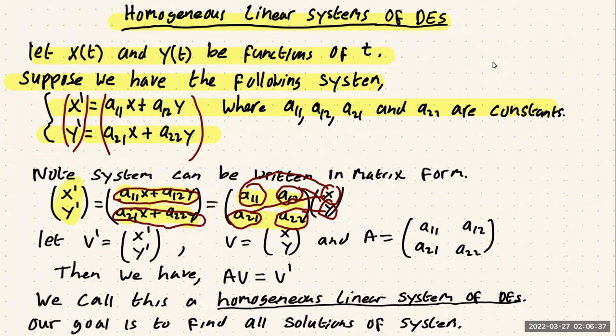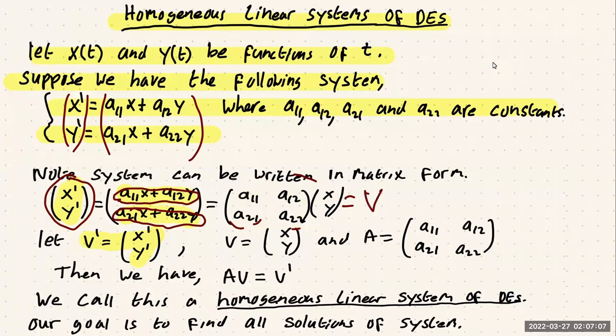In addition, I'm going to call this vector x prime, y prime, v prime. I'm going to call the x, y vector v.